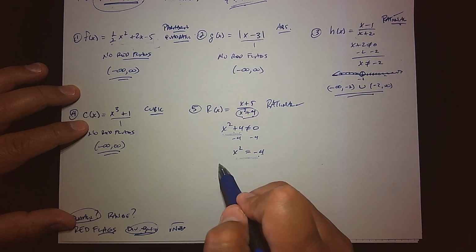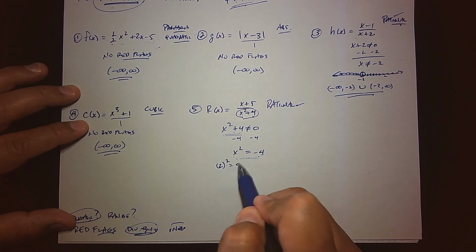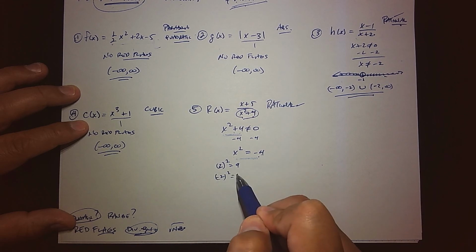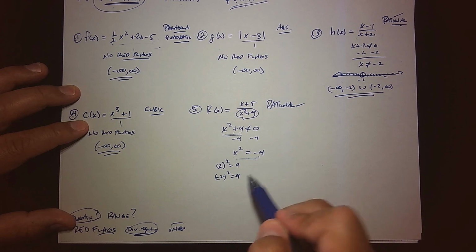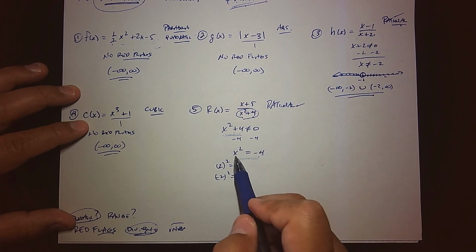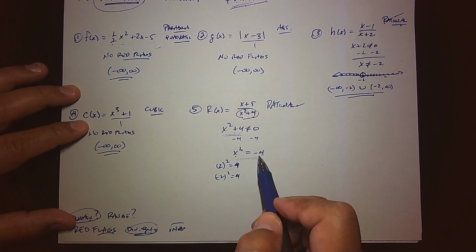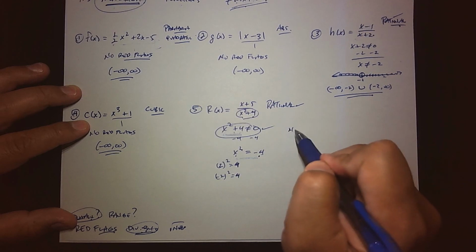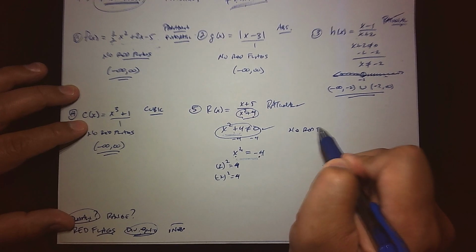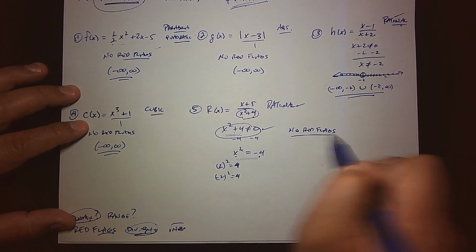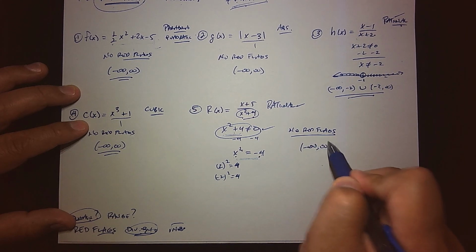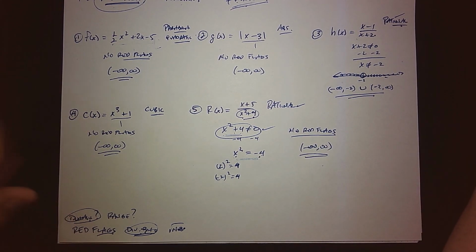And the candidates could be 2, but 2 squared is 4, and it could be -2, but -2 squared is 4. So in reality, there's not a number that I can square to get -4. So this means that this problem doesn't happen. So we accounted for it. We see that there's nothing that's going to make the denominator 0, so there's no red flags. So again, we have a nice, strong function. The domain would be everything.